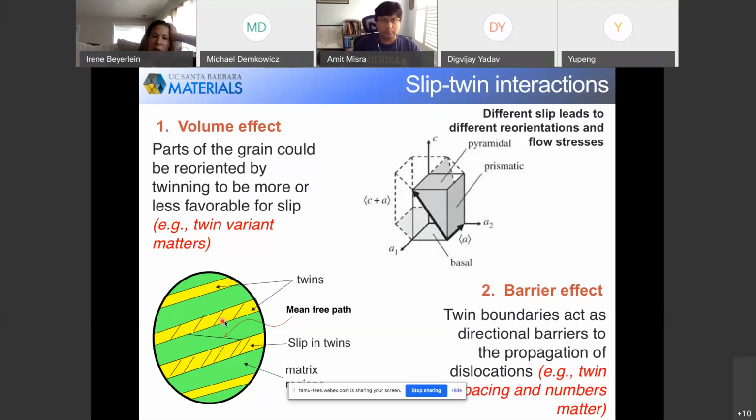Also, as this twin increases, the matrix shrinks. And as the matrix shrinks, the mean free path of any slip that would have been favored originally in the matrix has now increased.